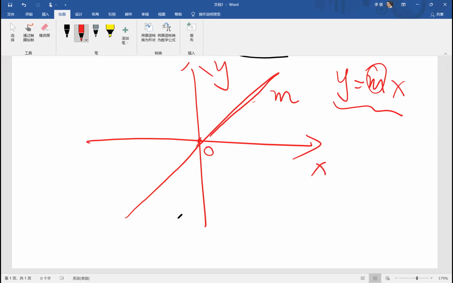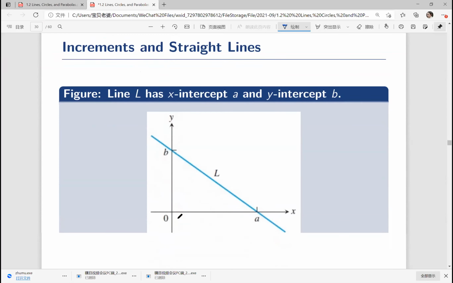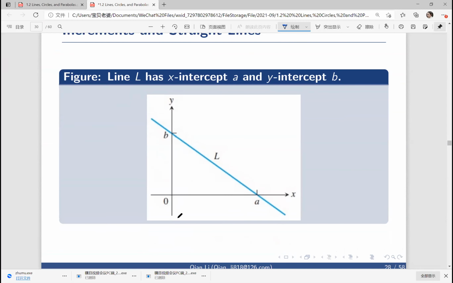And then we see the line L has an x-intercept. The x-intercept is A, and the y-intercept is B. And for this line, what is the equation of this line?